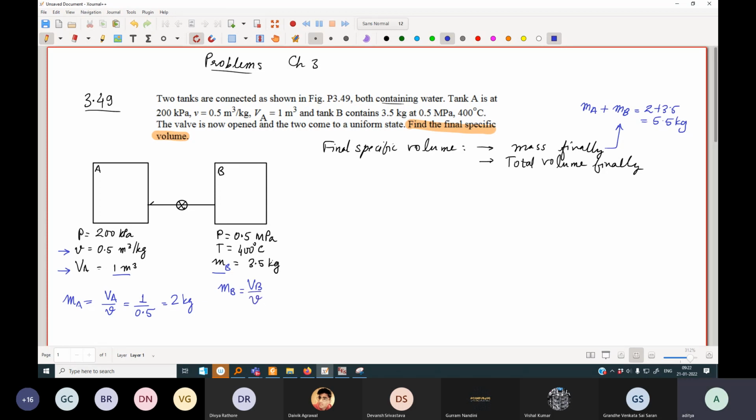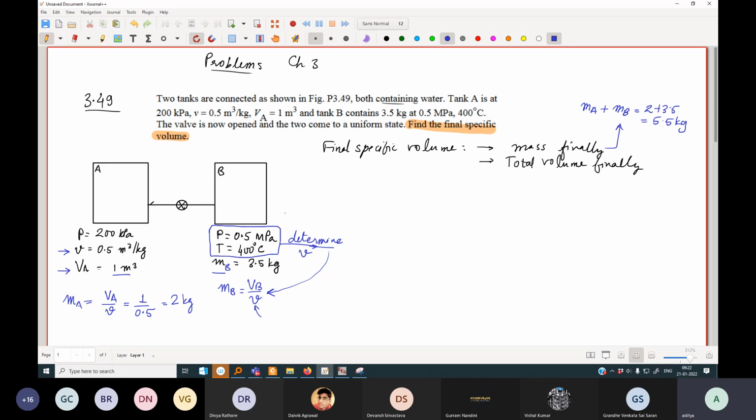But the problem is I do not have directly the value for the specific volume in tank B. But what I do have are two independent parameters with the help of which I can determine small v. Once I can determine v, I can plug it in over here and find the total volume VB. So the problem is just to determine the specific volume small v.